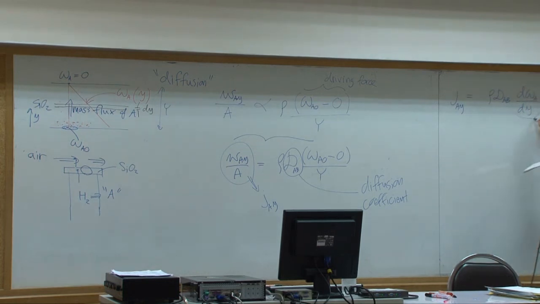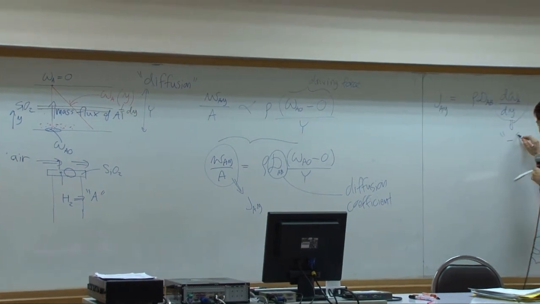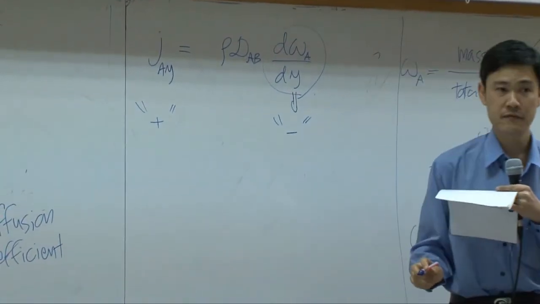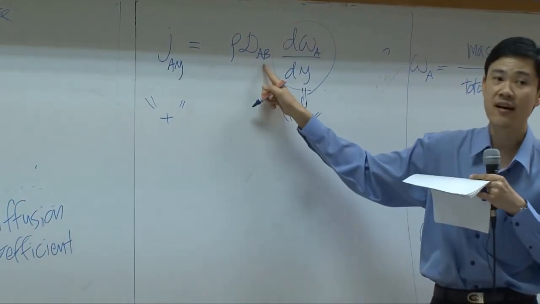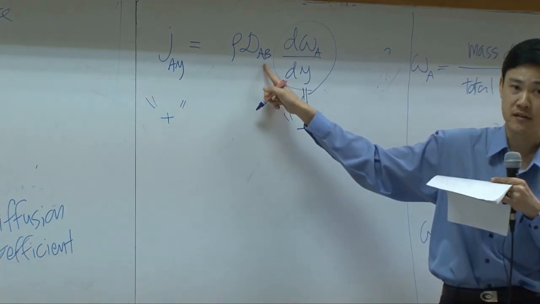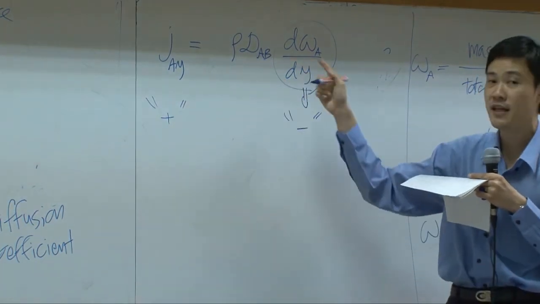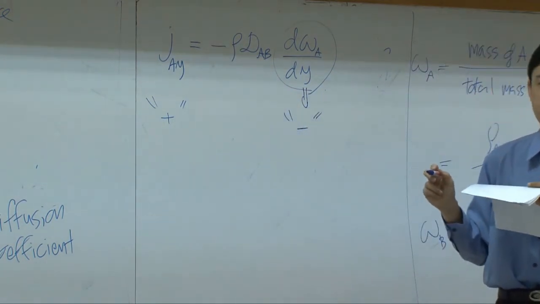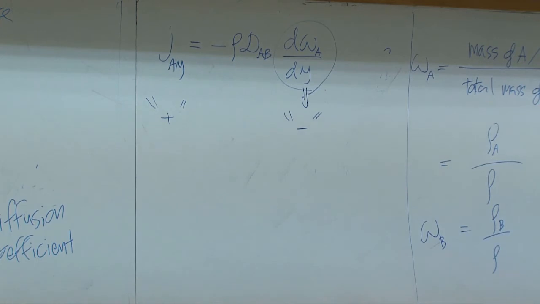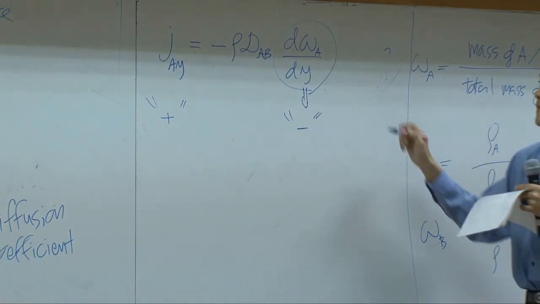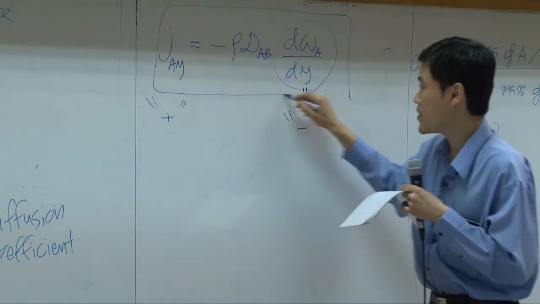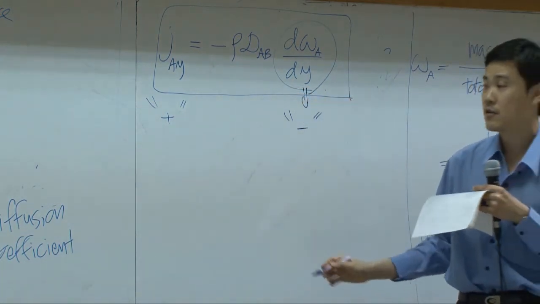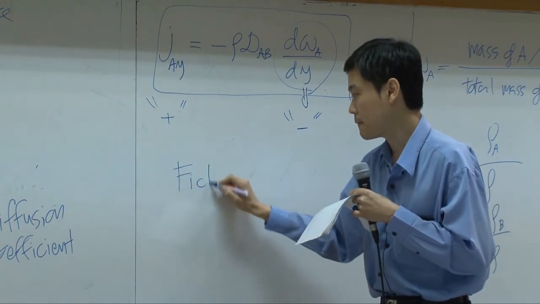So this term alone is supposed to be negative, but that term is supposed to be positive. The rest here are just a positive constant. So in order to keep equality, you need to put a minus sign over there. All right? The whole equation here, obtained from experimental observation, is called Fick's Law.